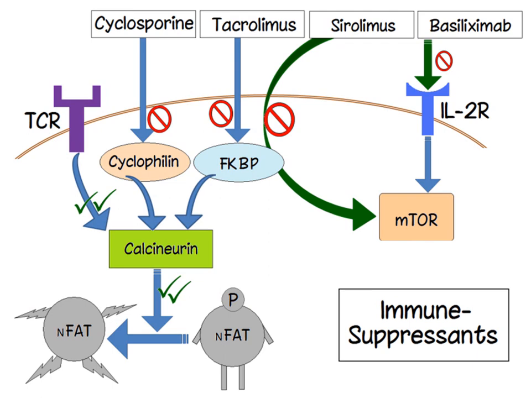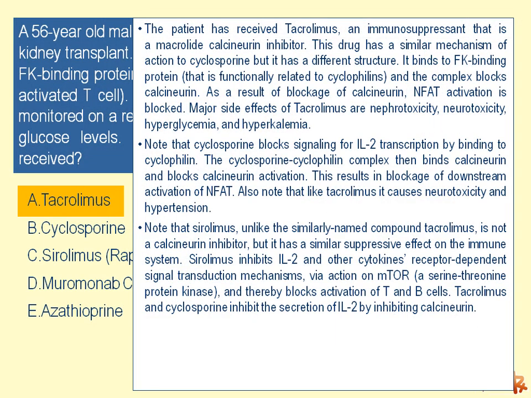Sirolimus inhibits interleukin-2 and other cytokine receptor-dependent signal transduction mechanisms via action on mTOR. mTOR is a serine-threonine protein kinase, and thereby blocks activation of T and B cells. Tacrolimus and cyclosporin inhibit secretion of interleukin-2 by inhibiting calcineurin.